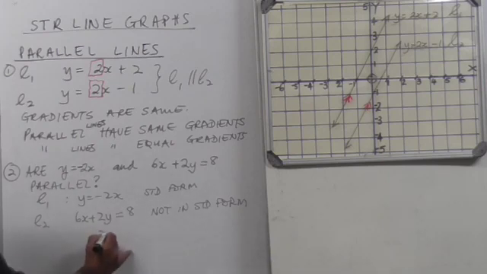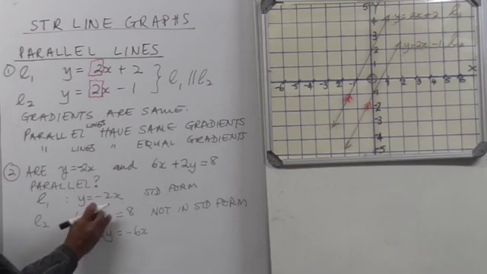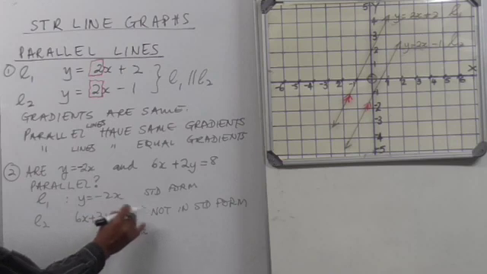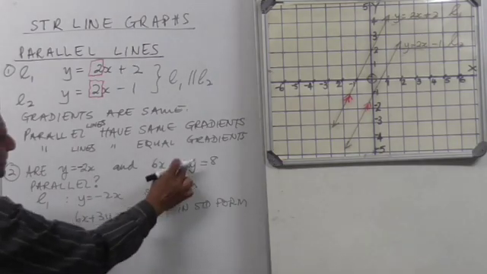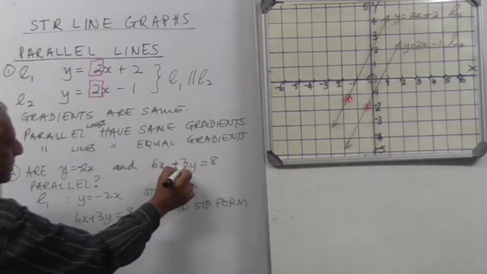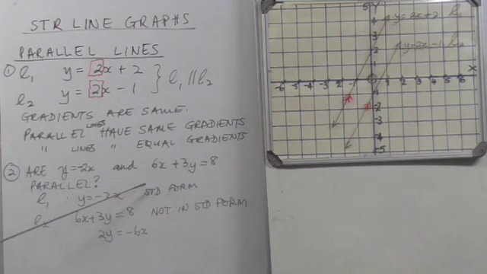Sorry, this will have to be 3y: 6x plus 3y is equal to 8.